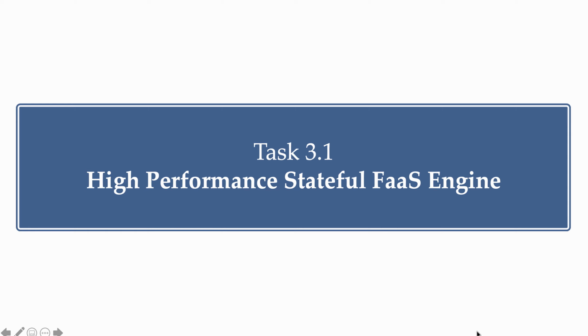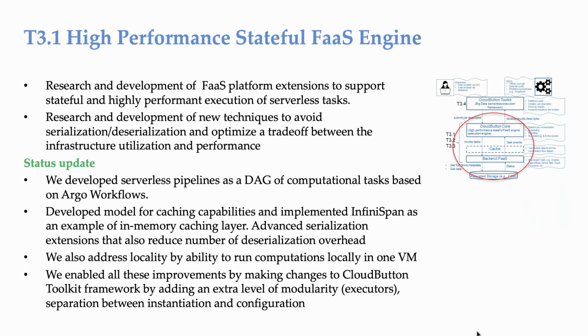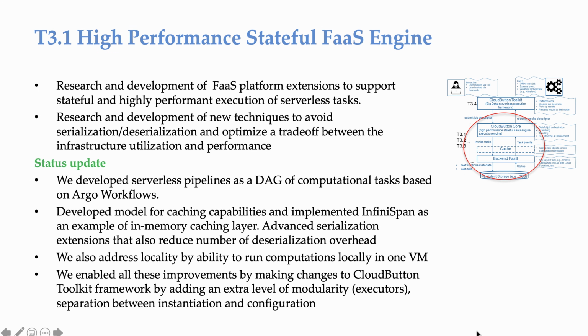So now we are going to see the more backend components and the tasks that deal with them. We start with task 3.1, which is the high performance stateful function as a service engine. Again, this task is about how to make those serverless invocations efficient.